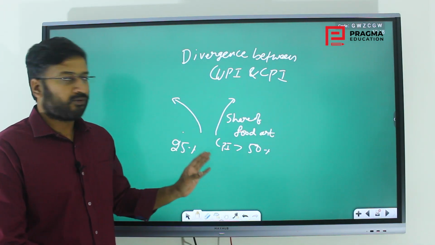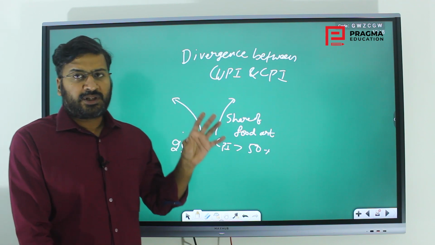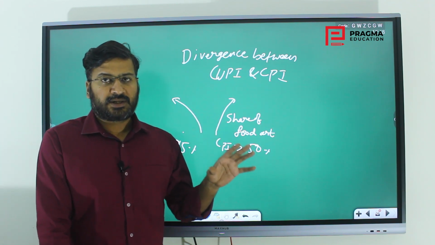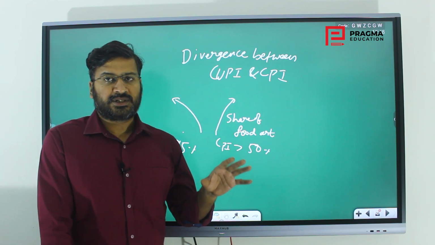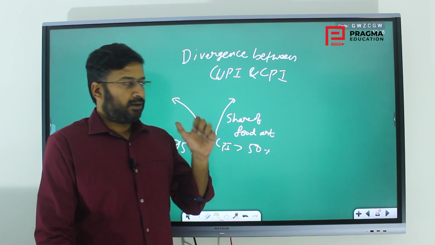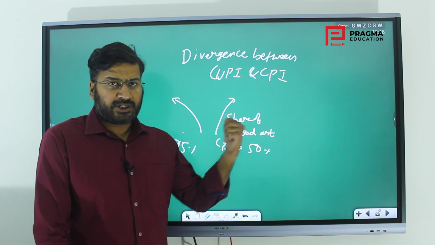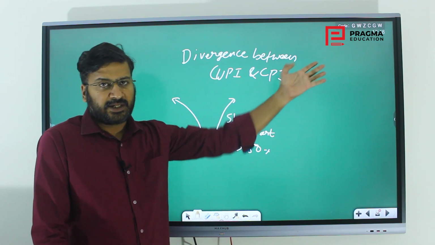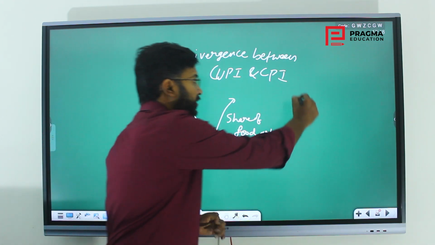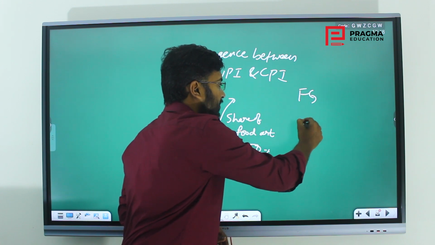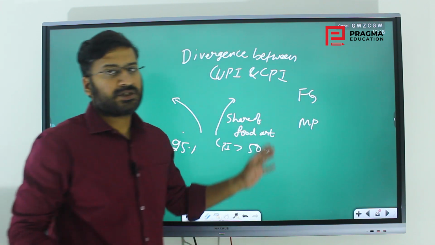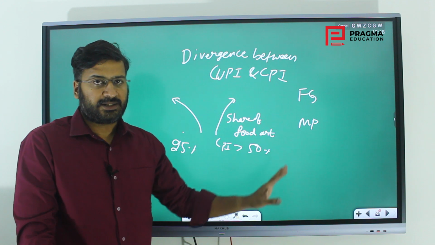Because of weightage of food, what will happen? The food articles and the primary articles, agricultural produce, is the major segment in the economy that actually faces the supply shocks. So when the cost of production increases, the prices increase in WPI. So because the factory gate prices are more, the market prices or the retail prices also will increase.